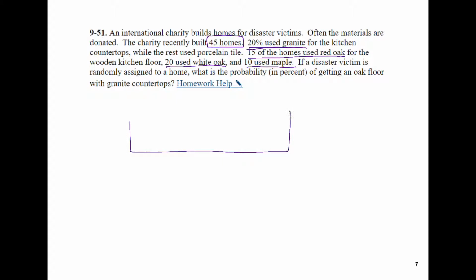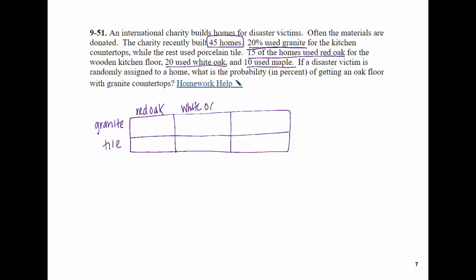So the two choices for the countertops were granite and tile. And the three different choices for the flooring were red oak, white oak, and maple.